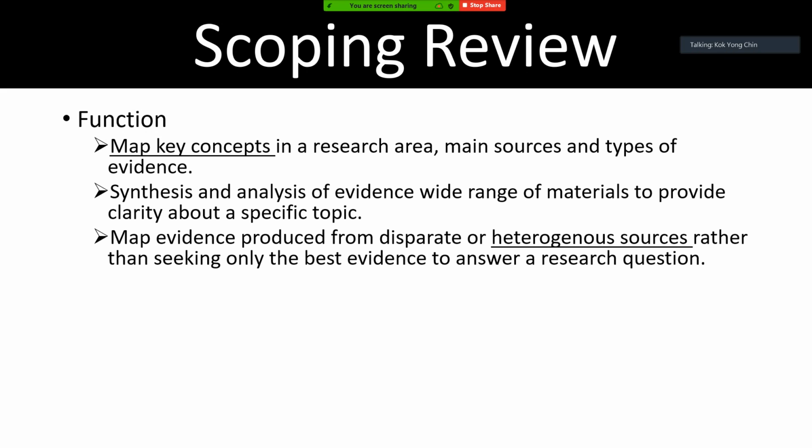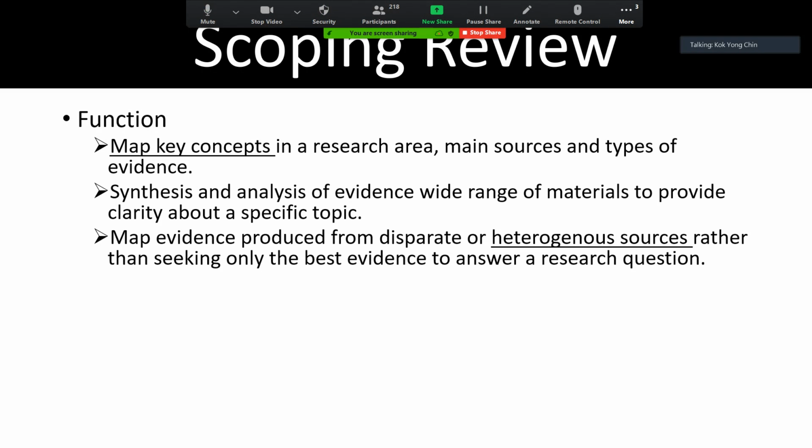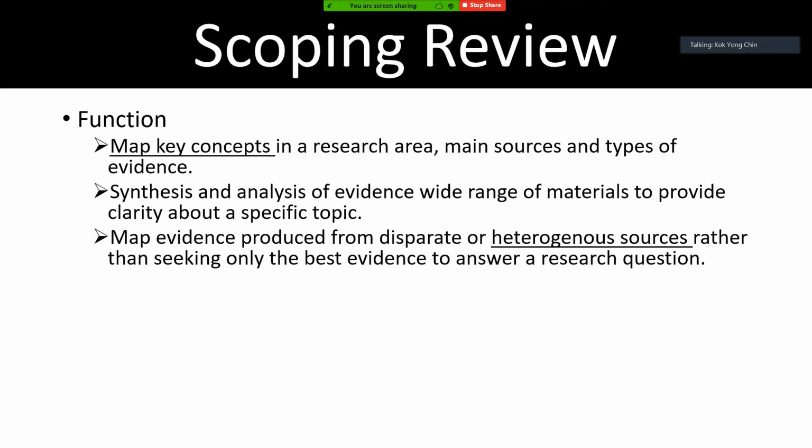Second, very important, the evidence you get is of heterogeneous sources. In this research field, for example, you have evidence from animal studies, molecular studies, even in silico studies, and also some human studies, to support this research topic.